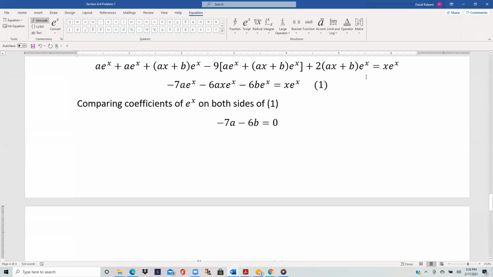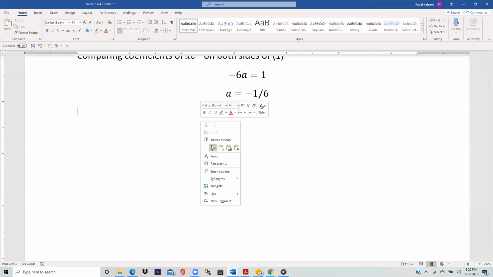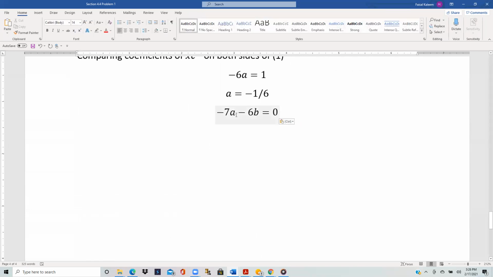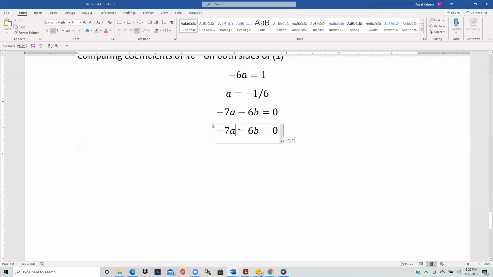And now we substitute it in here. So negative 7a. So this would imply negative 7 times negative 1 by 6. Okay, so let's see, what is this?